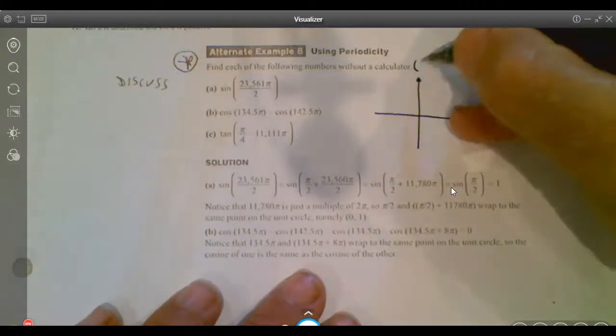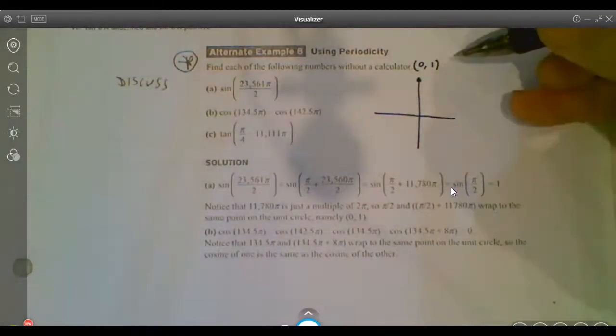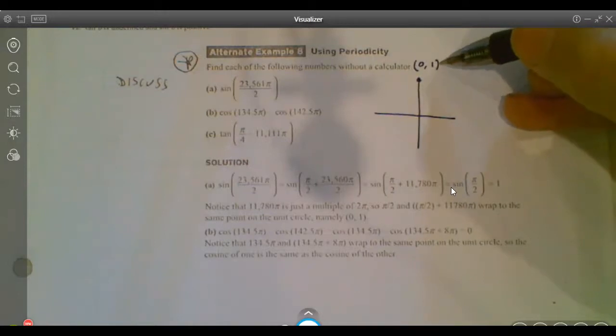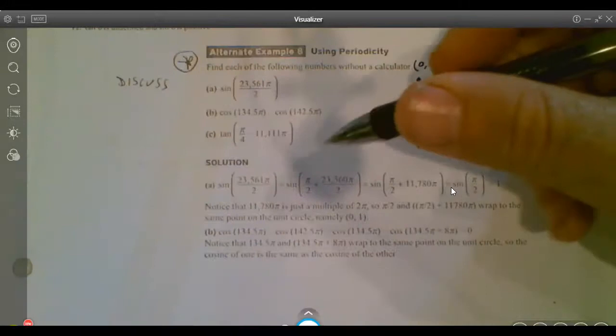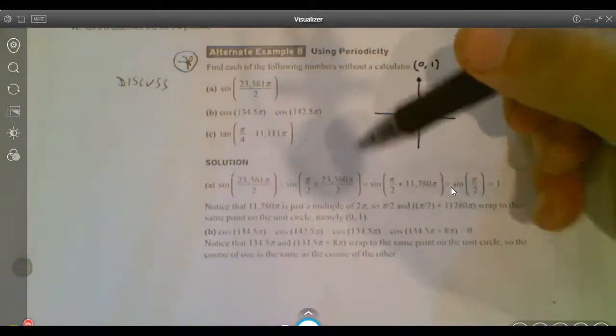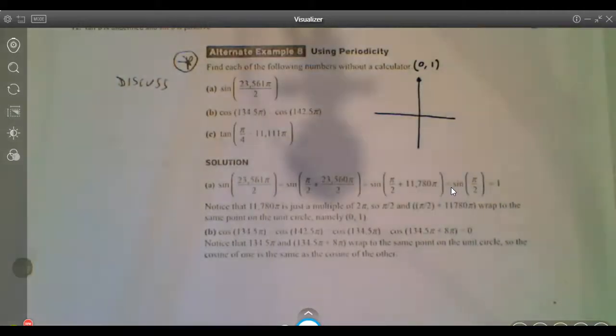And so if we just looked at the ordered pair for that, we know that sine is our y-coordinate. So we can see it now as just a value of 1 for something like that. So if they give you something that's way outside of the typical circle, we always want to be able to condense that down into familiar terms to work with it.